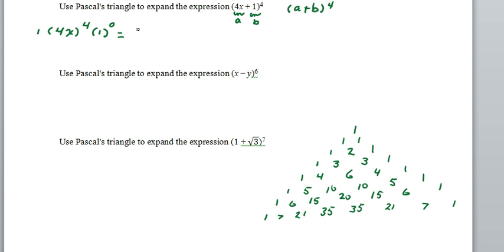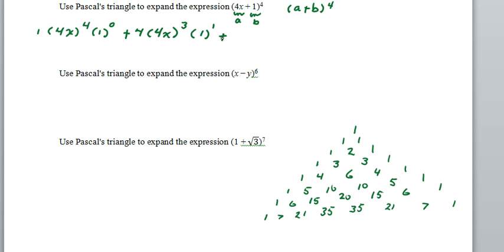Then we will go to 4 times 4x cubed times 1 to the first. I'm sorry, I have an equal sign in here where I should have a plus.